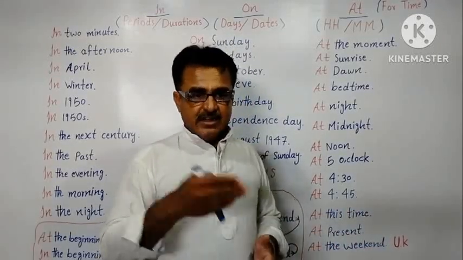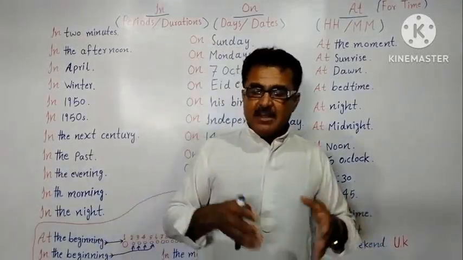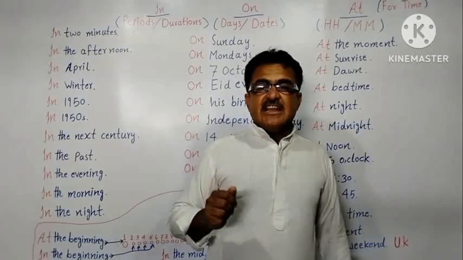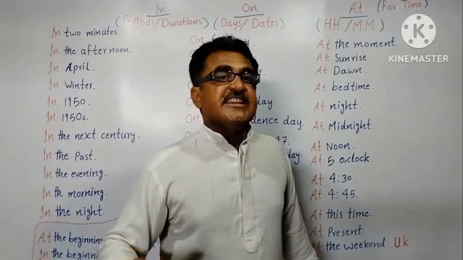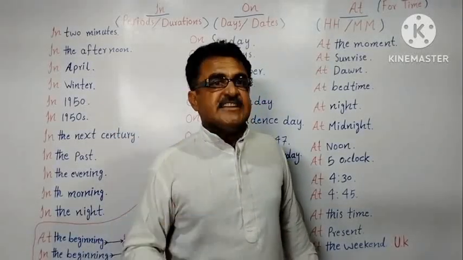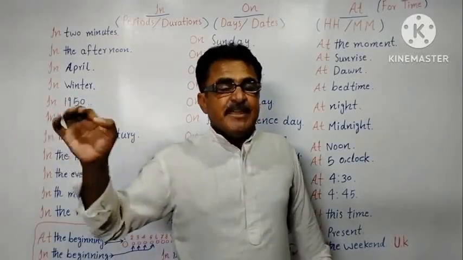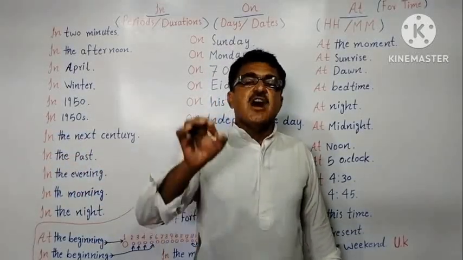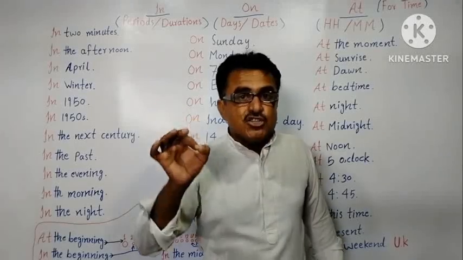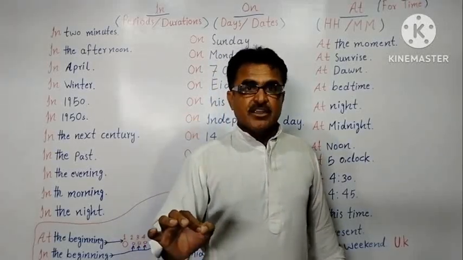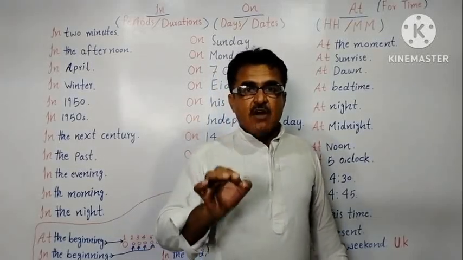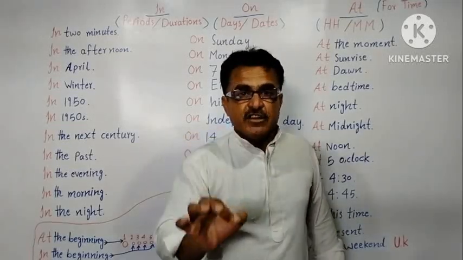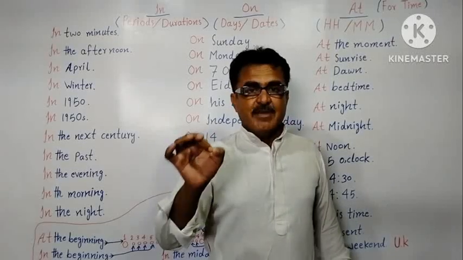Okay, let's take another example. For example, a cricket match. If I say Afridi hit a six at the beginning of the match, it means Afridi hit a six on the first ball of the first over of the match.